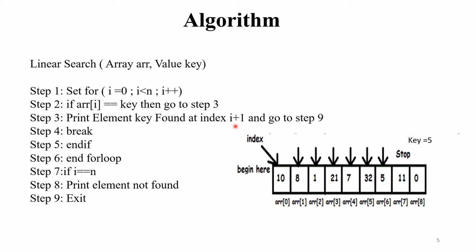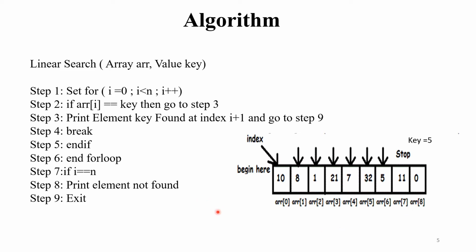That's why we write here I plus 1, means 6 plus 1 is 7. So step 4 is break, step 5 is end if, and step 6 is end for loop. So in step 7, if I is equal to n, it means I started from 0 and visited all the indexes, but the element is not found. So all of you clear this algorithm?